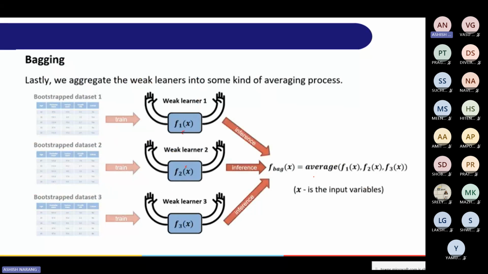I am going to do the average of what every model is giving me. So we aggregate the weak learners with some kind of averaging process. It may not be average every time, but here it is shown as average. f1(x), f2(x), and f3(x), and we are taking the average of that.